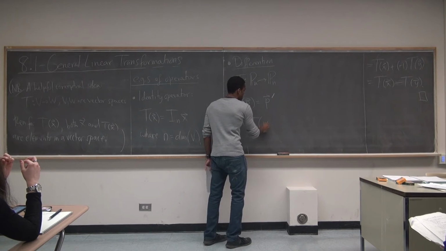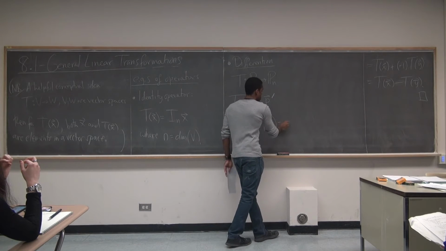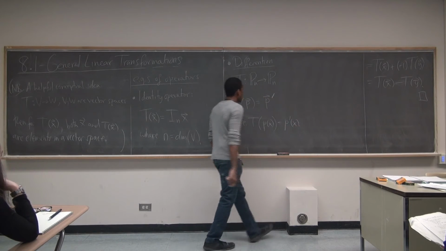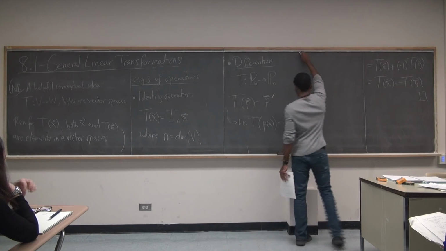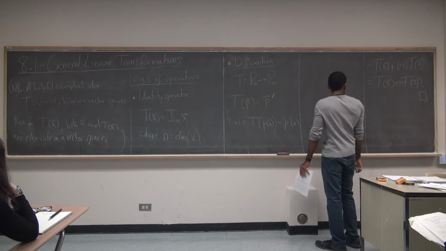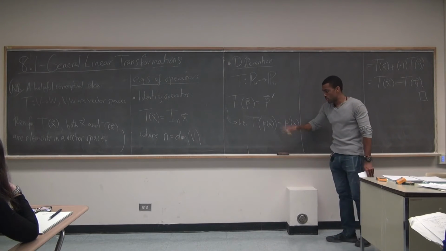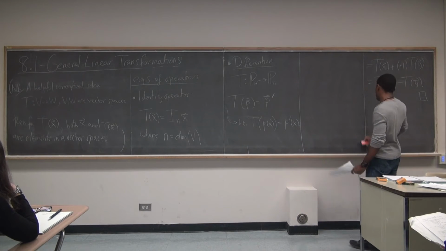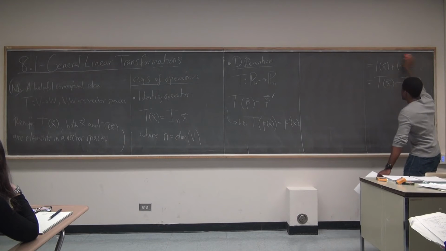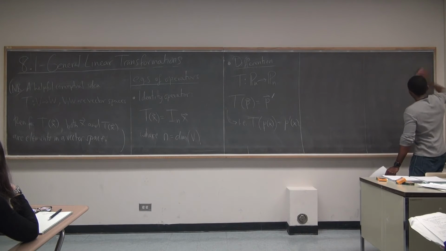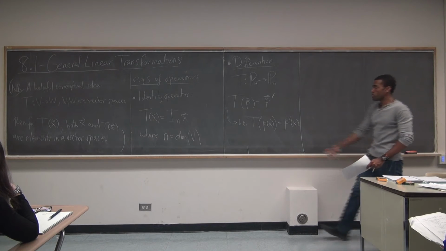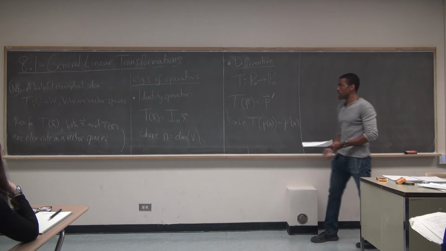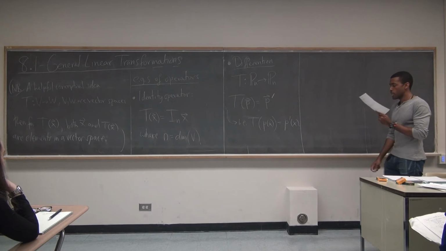And T of P of X is just P prime of X. That will be linear. We know that derivative distributes across sums, and we can factor constants out when we're doing derivatives. So that's an example of a linear transformation. And it's called an operator when the output and input spaces are the same, domain and range.